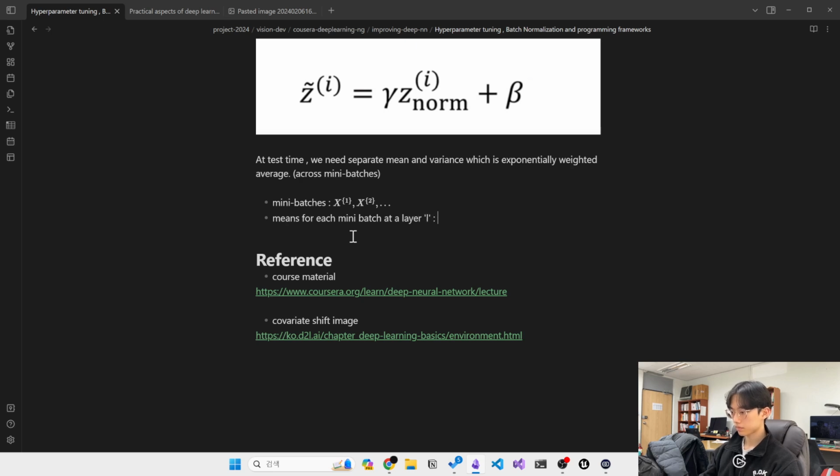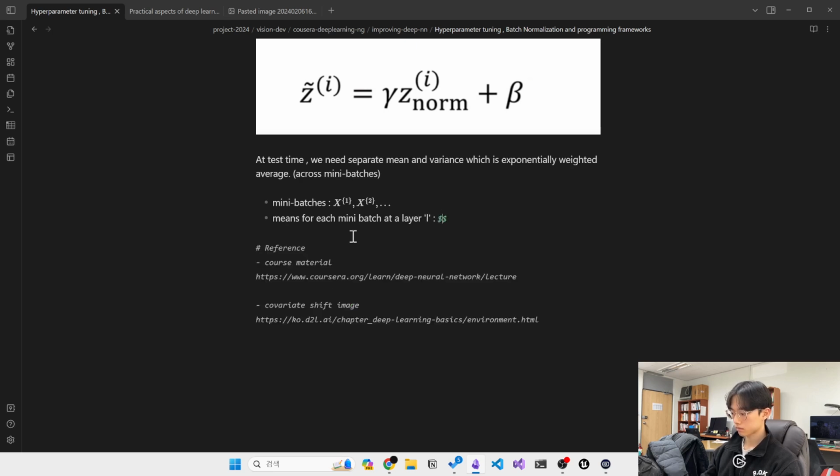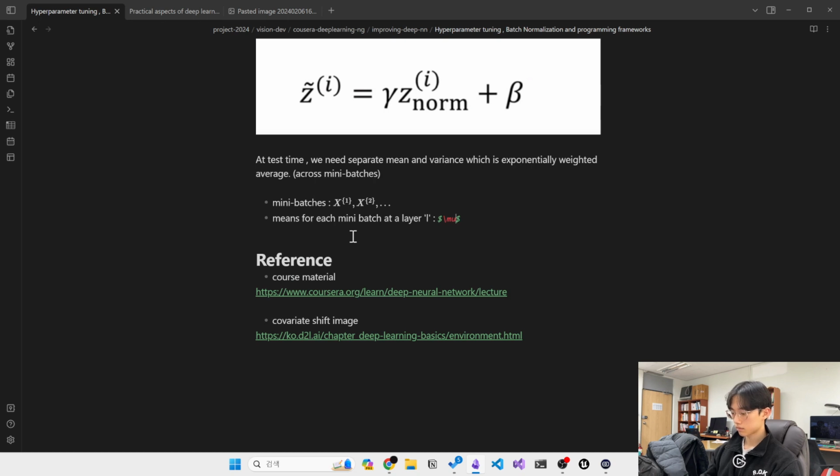So just as we saw how to use an exponentially weighted average to compute the mean of theta 1, theta 2, theta 3 when you are trying to compute an exponentially weighted average of the current temperature, you would do that to keep track of what's the latest average value of this mean vector you've seen.